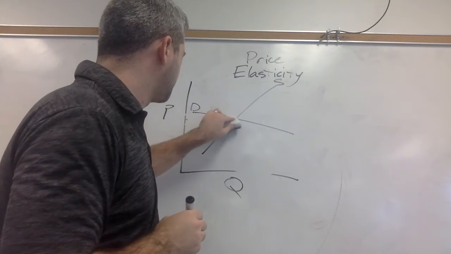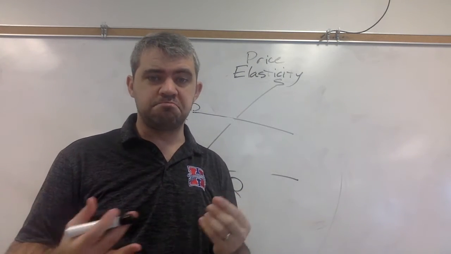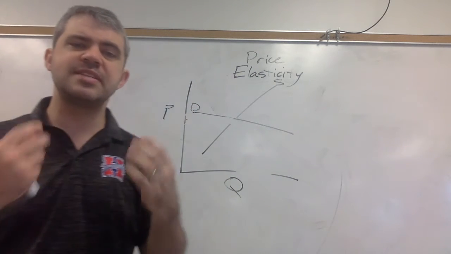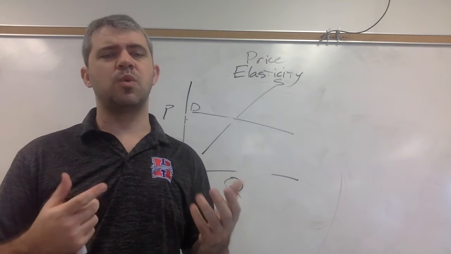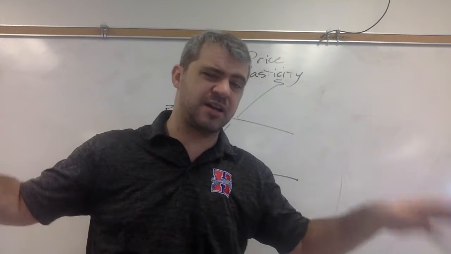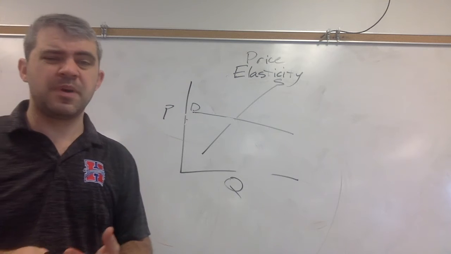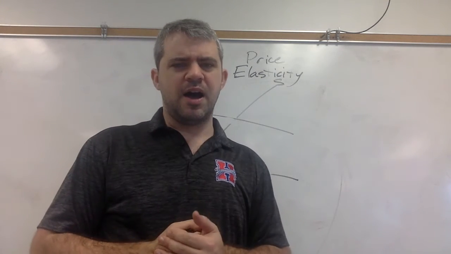Now, you're thinking, okay, what kind of things would do this? Well, there's a lot of goods where we are very sensitive to changes in price, where we go, oh well, if I'm going to have to pay that much for it, I'm just not going to buy it. Or goods that we're accustomed to getting for cheap or for free.